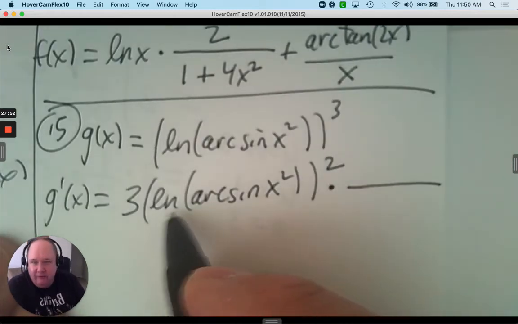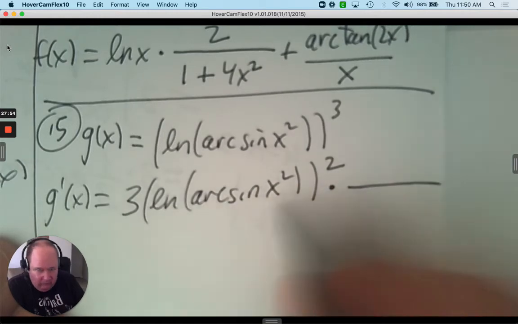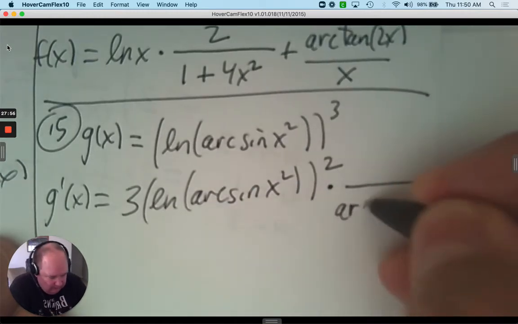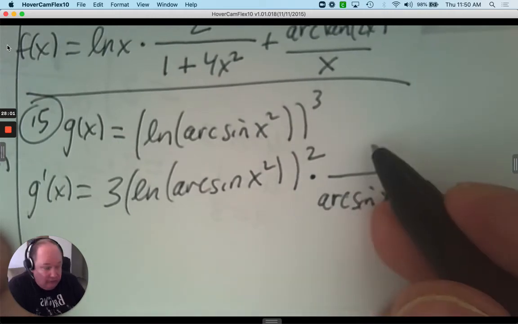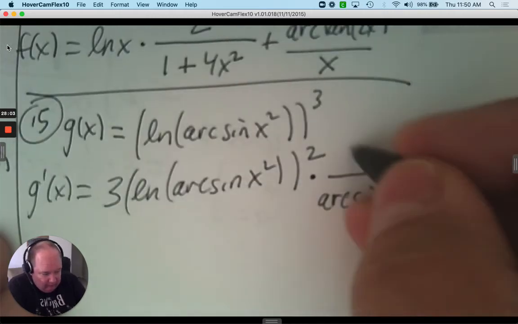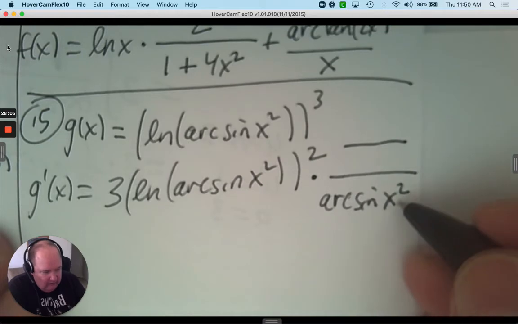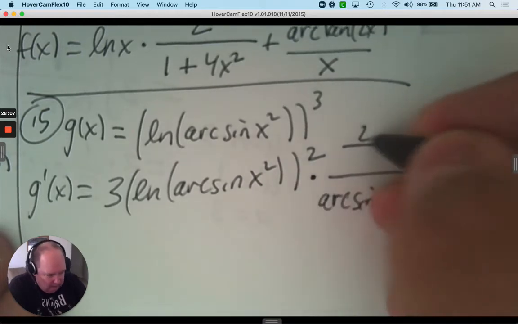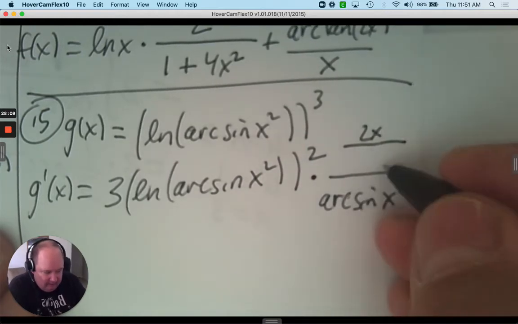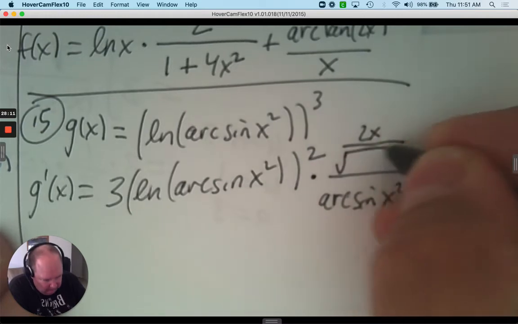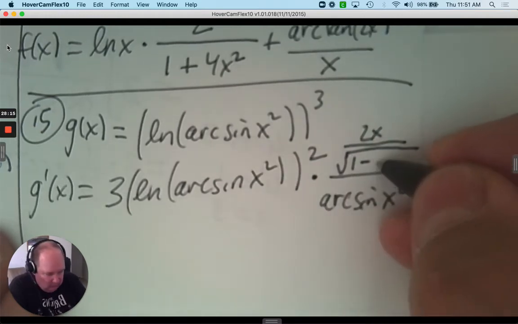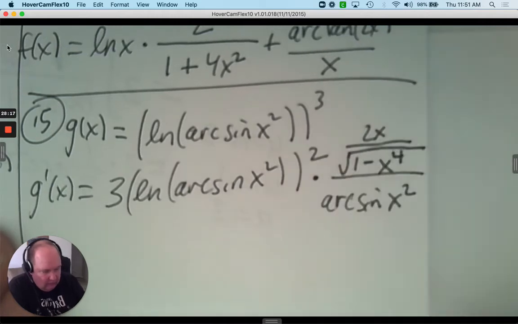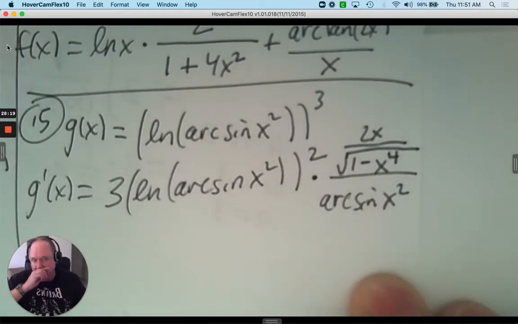So now take the derivative of a logarithm. So what you see is in the denominator. Then the derivative of that is the numerator. So the derivative of arc sine is also a fraction. So the derivative of x squared is the numerator of that. And then the bottom is the square root of 1 minus x squared squared. So 1 minus x to the 4th. And there's the rule. And that's it. You don't have to write it any better than that.